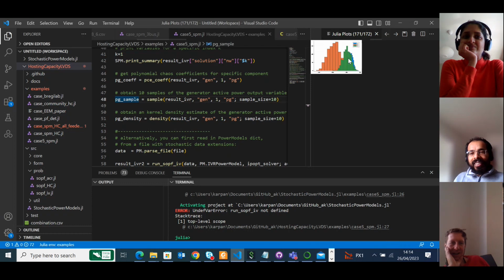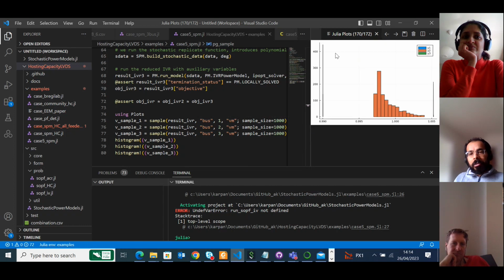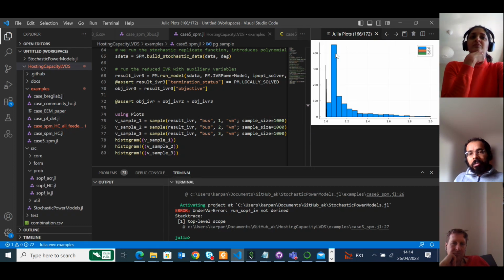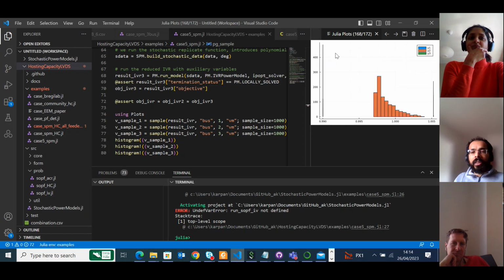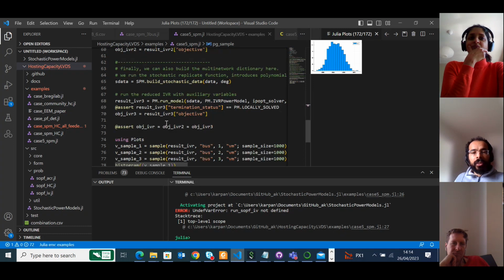This was the sample I created for these three PM in bus 1, 2, and 3 for the simple 5 bus case. So your output will be in terms of the coefficients, and from those coefficients, you can sample your output, how the distribution looks like.